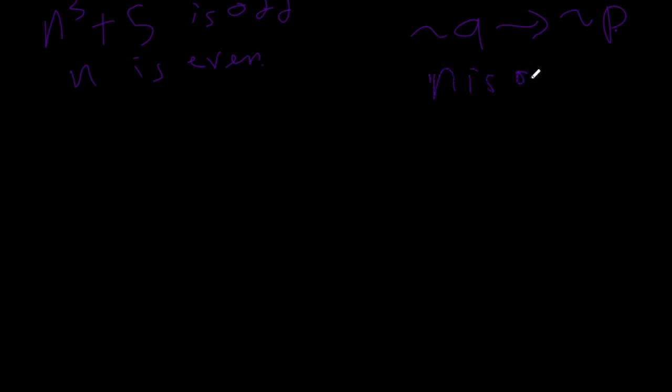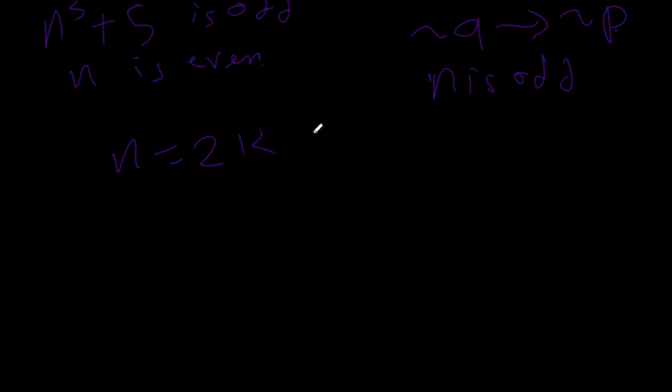Now we want to do the same, and we want to prove it by contraposition. The contraposition in this case, we want to go from not q to not p, so we want to start by saying that n in this case is going to be odd, because we will take the negation of that p.